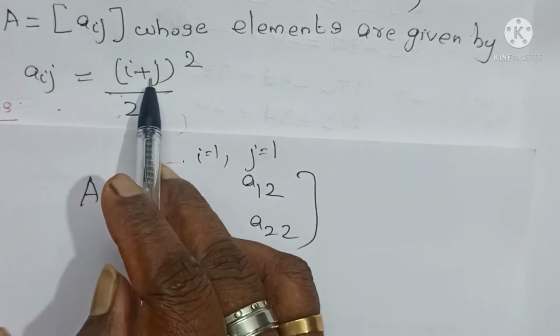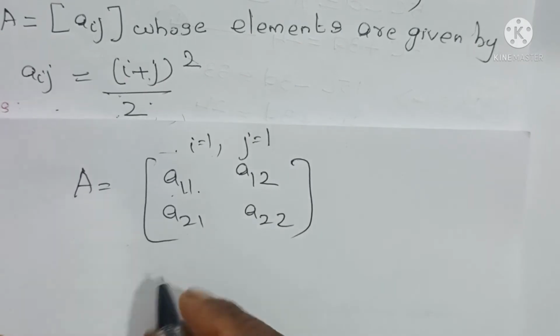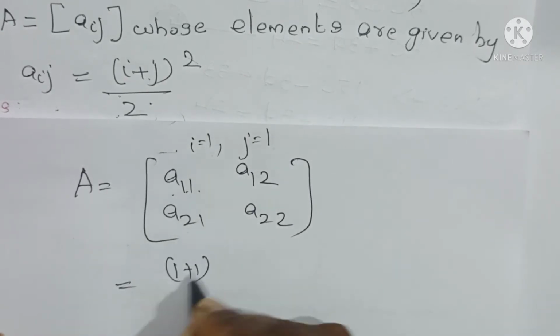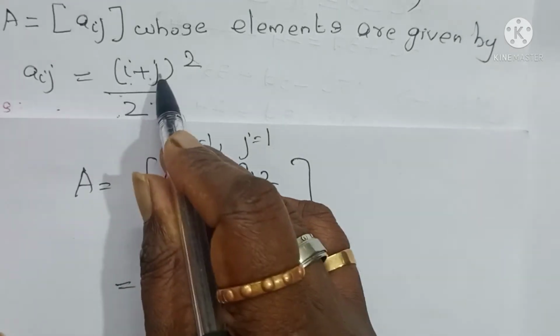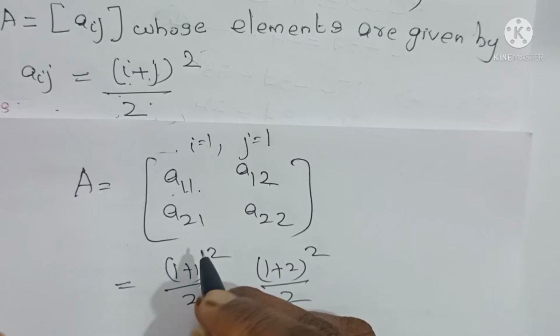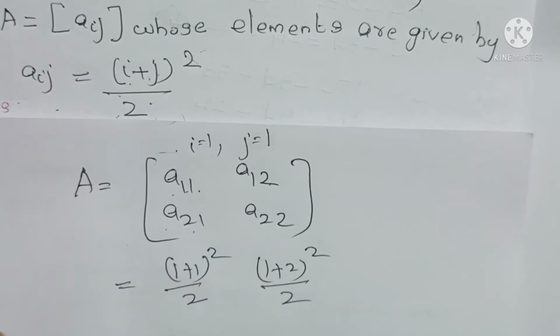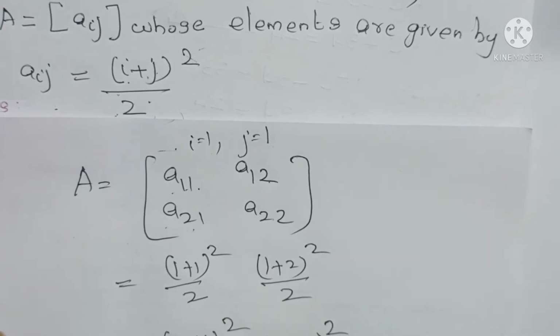So you have to use this: 1 plus 1 the whole square divided by 2. What is A12? 1 plus 2 the whole square divided by 2. Then what is A21? 2 plus 1 the whole square divided by 2. What is A22? 2 plus 2 the whole square divided by 2.